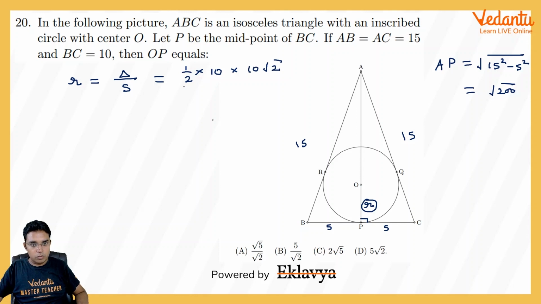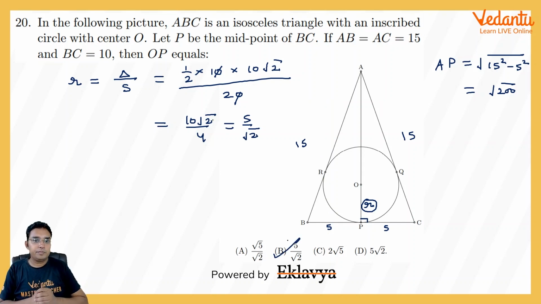And S means 15 plus 15, 30, 30 plus 10 is 40, 40 by 2 is 20. So this will be equal to, this 0 we can cancel, 10 root 2 upon 4, you can write this as 5 upon root 2. So answer is B. So that can be one method.